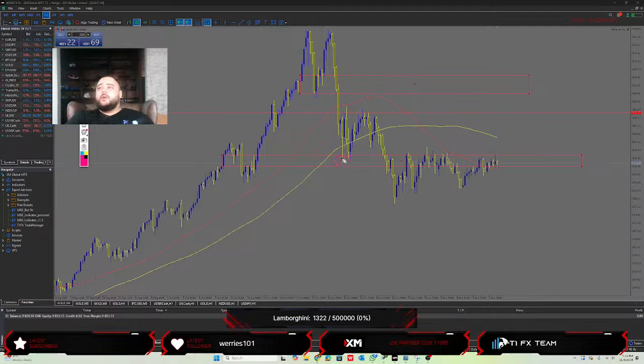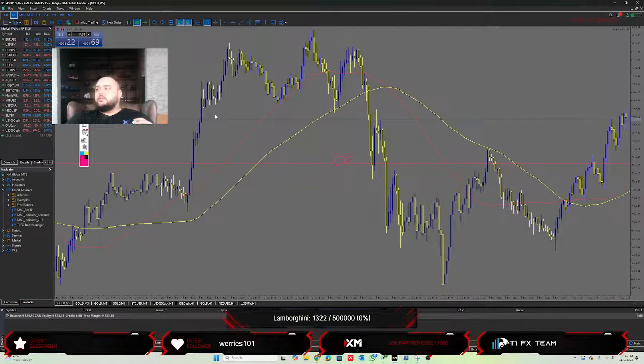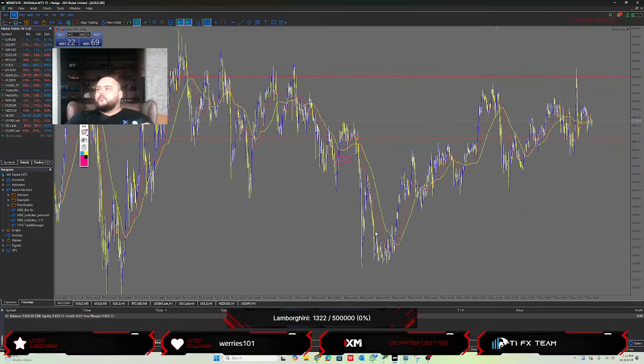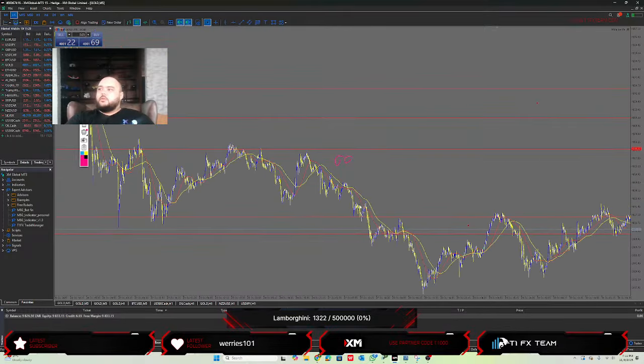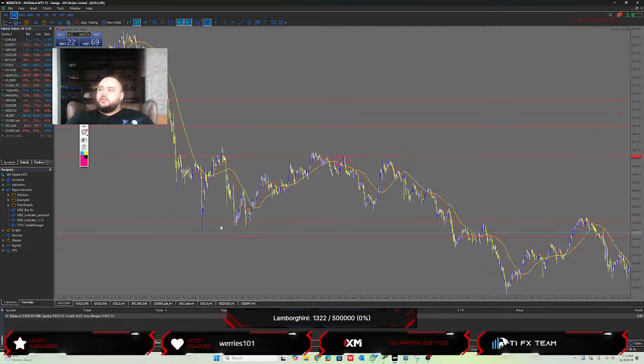Remember, this is the 4-hour candles. So if we pull this on the 5-minute, which I know you all love trading so much on, you will actually see how many times.